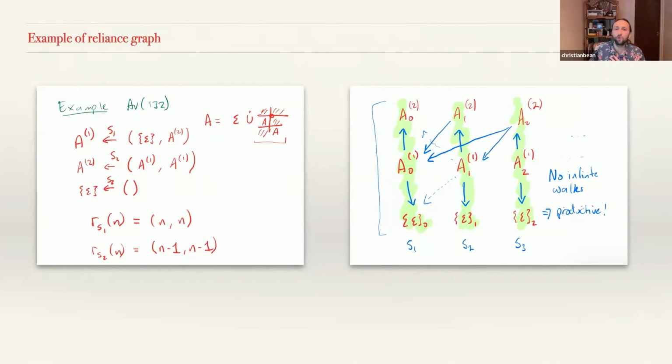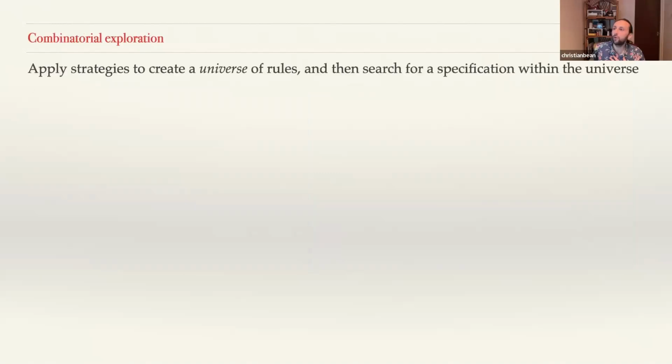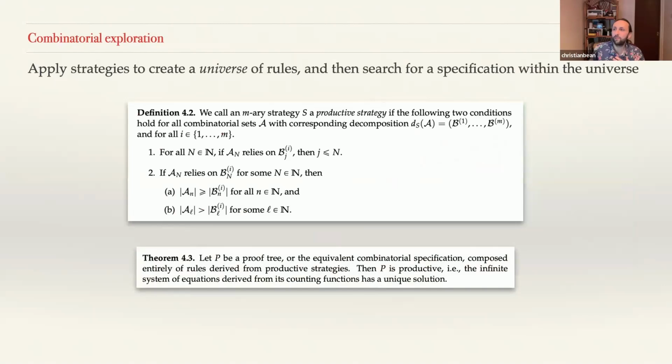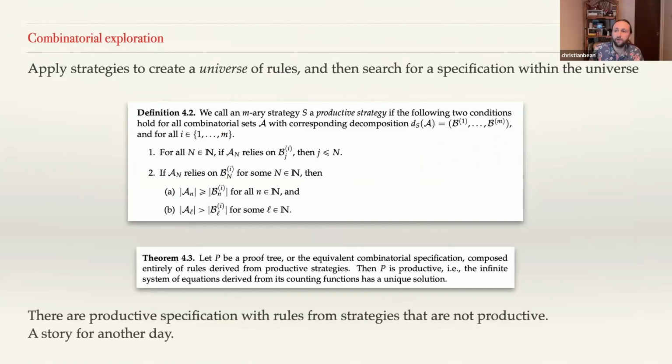Okay, so that was a bit of a whirlwind tour of that theory. And we then defined this idea of productive strategy as before, and we just have our theorem that says if my combinatorial specification is made entirely of productive strategies, then it is in fact a productive specification.